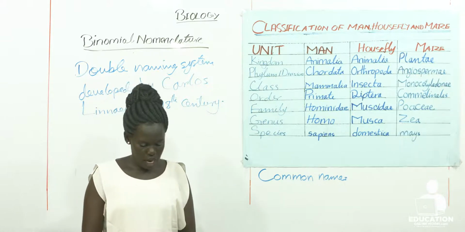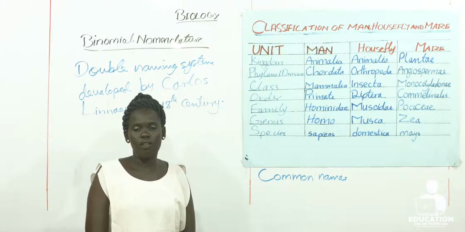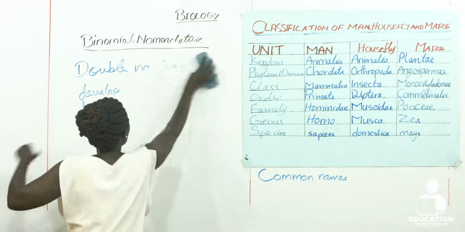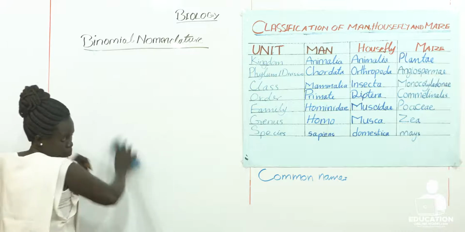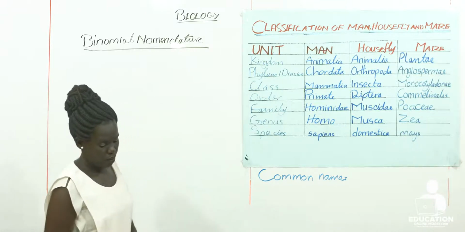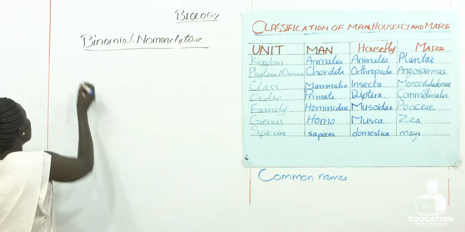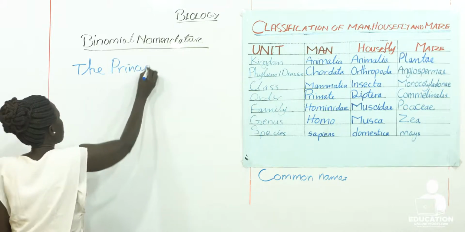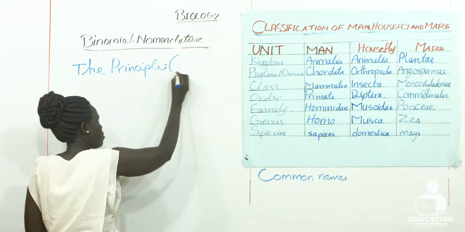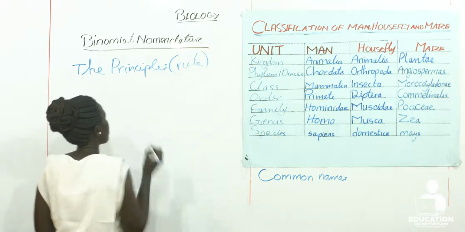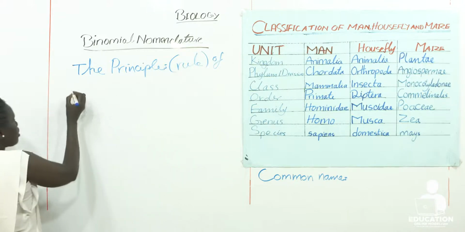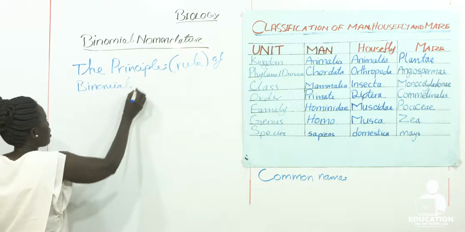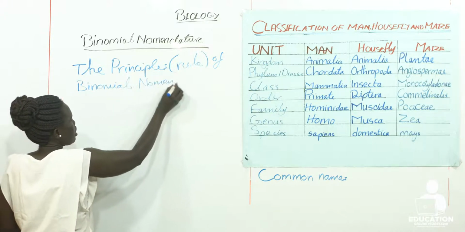Now let us look at the principles, or rules of writing, of binomial nomenclature.